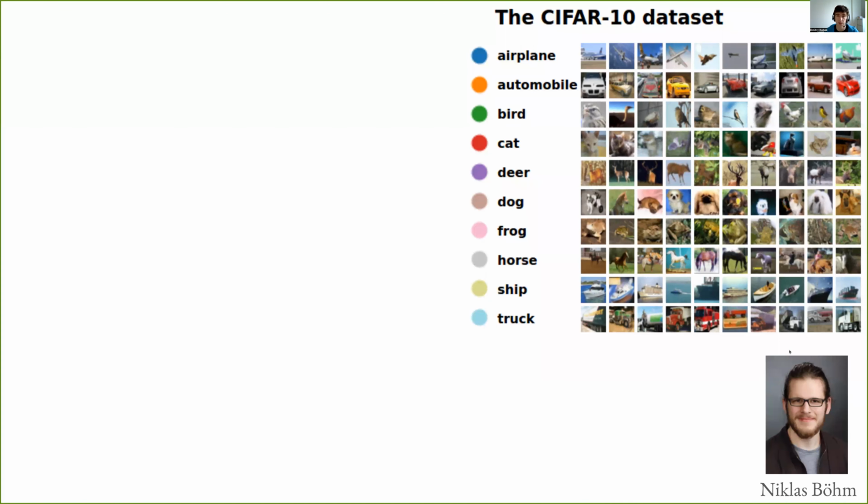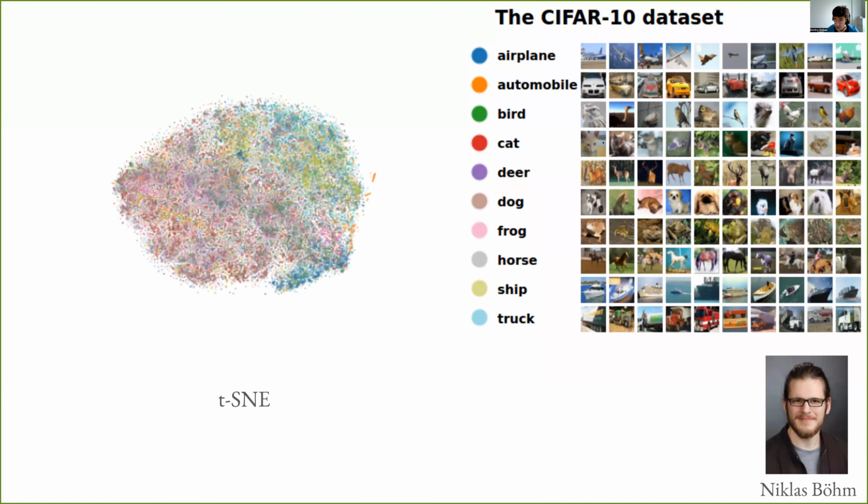So here's another more recent work by Nick. This is a simple dataset, as long as image datasets are simple. If you throw that into t-SNE, then you don't see any structure at all. There are 10 classes, so in some sense it's similar to MNIST, 10 classes, the size is the same as MNIST, but t-SNE can't do anything because neighbors in pixel space are meaningless.